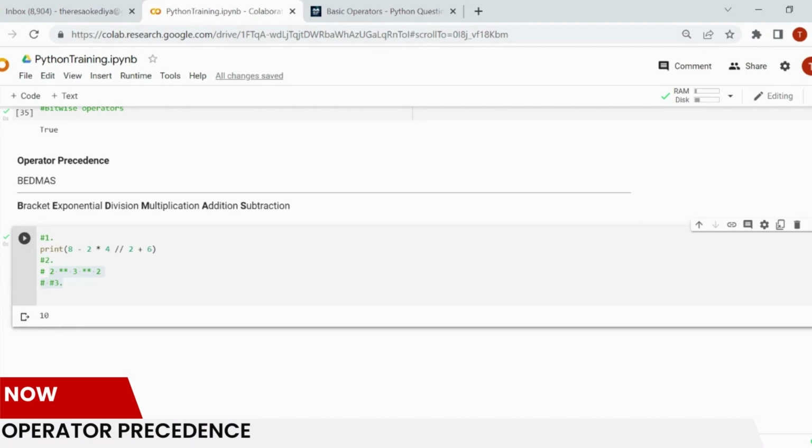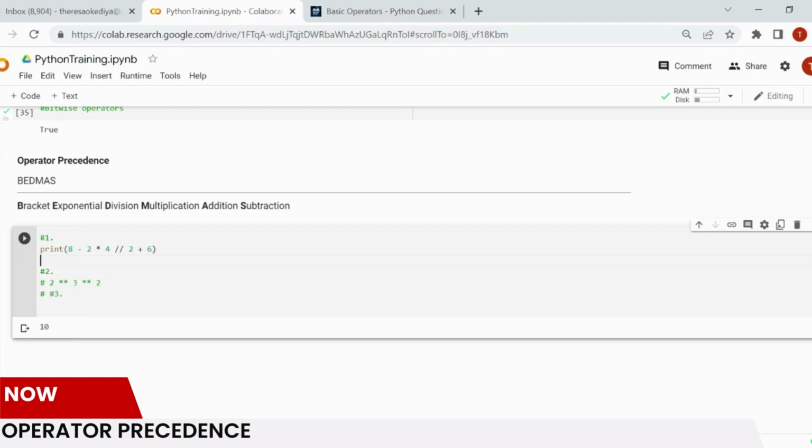So how does it evaluate to 10 anyway? Let's see what it is doing. 4 times 2, that's 8. What's the next division? 8 divided by 2, that's 4. Okay, so we have 8 minus 4 plus 6.